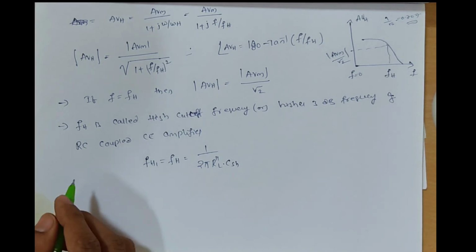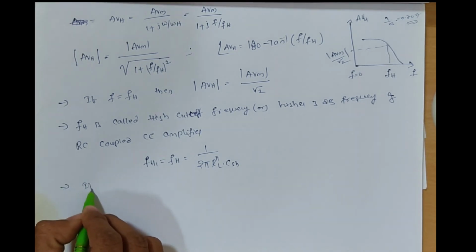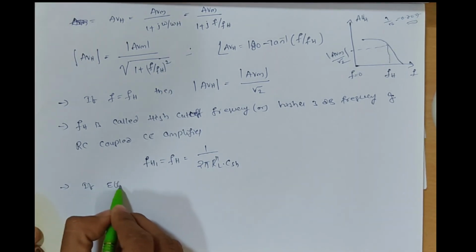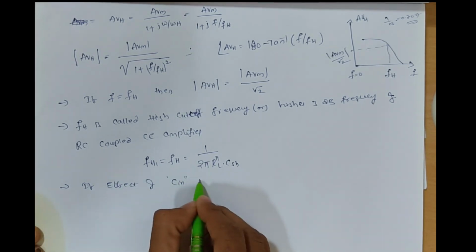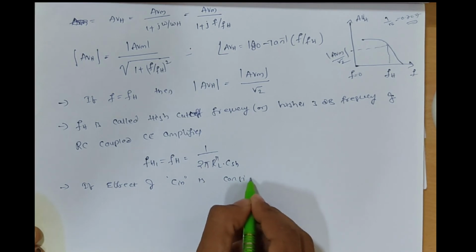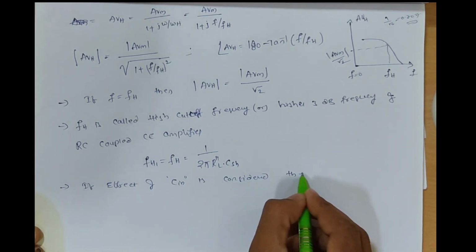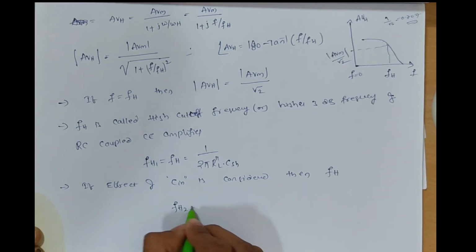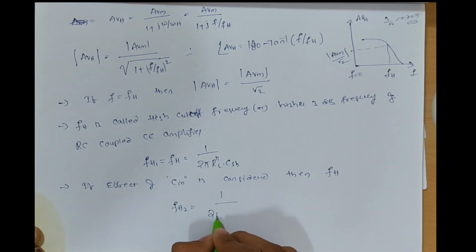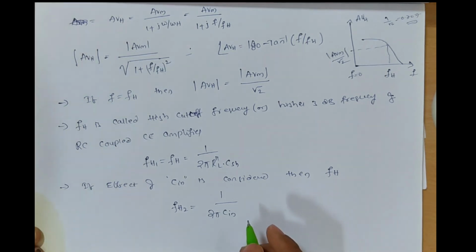If the effect of the internal capacitance is considered, then we can write FH, now I am naming it FH2, equals 1 by 2 pi C internal, or C input. Why?